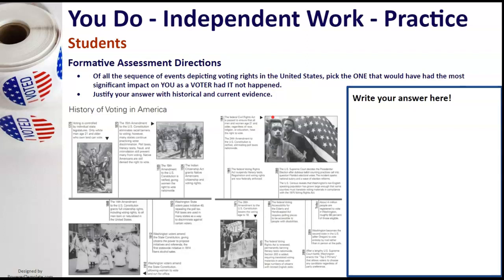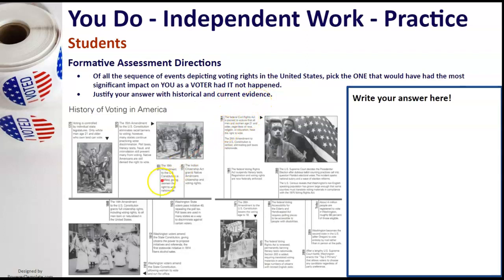So let me just repeat. Of all the sequence of events depicting voting rights in the United States, pick one that would have impacted you the most had it not happened. Justify your answer with historical and current evidence.